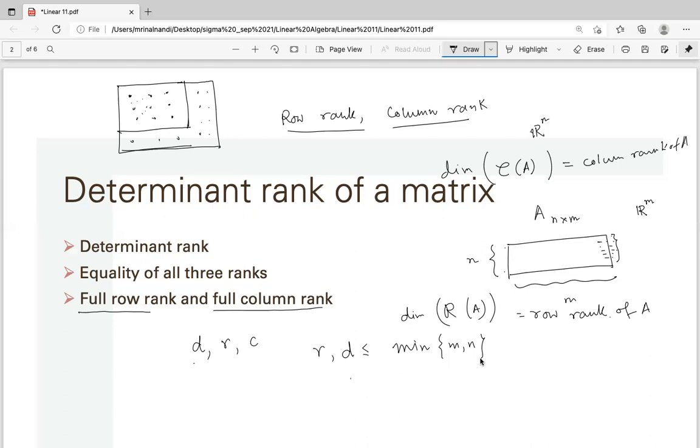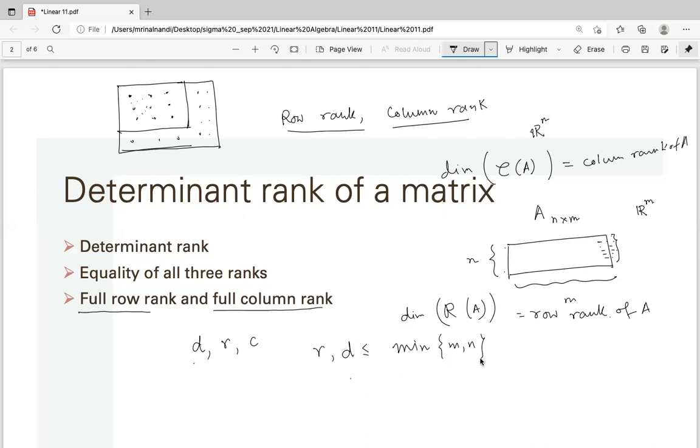So if there is a 4 cross 6 matrix, there are 4 rows, each from R to the power 6. If there are 4 rows, there can't be 5 independent rows. So R is less than or equal to 4.